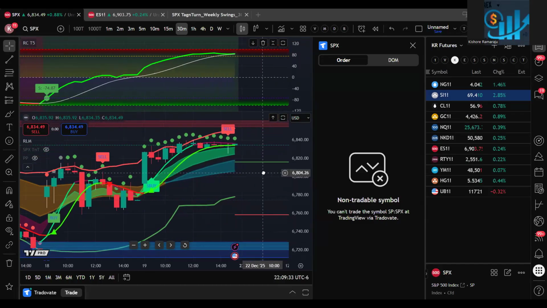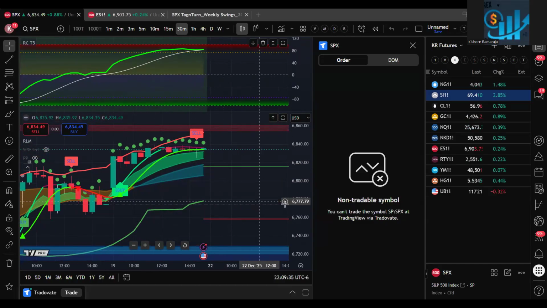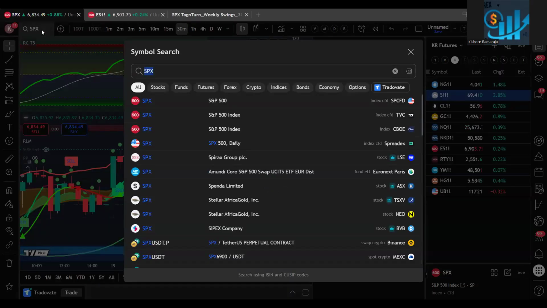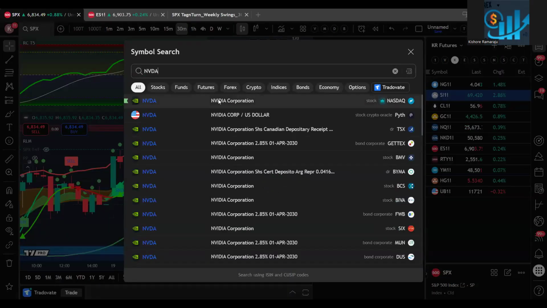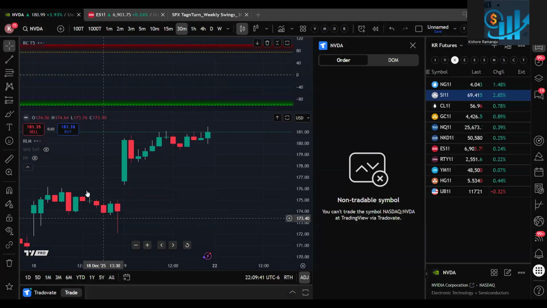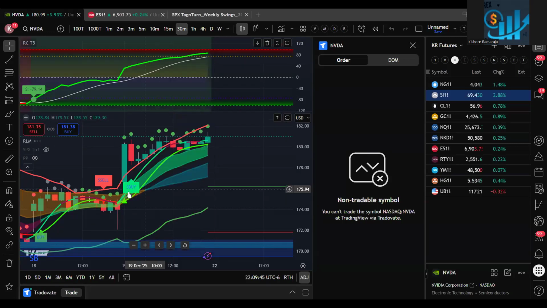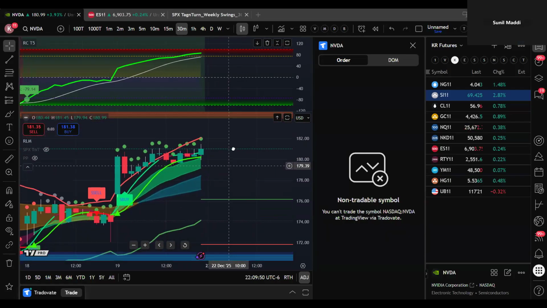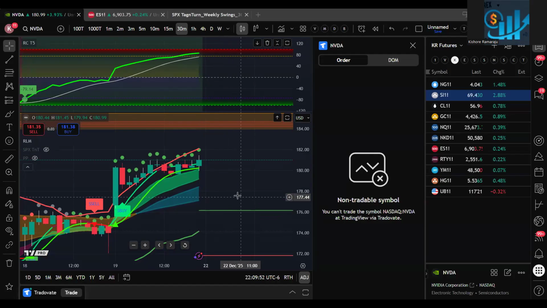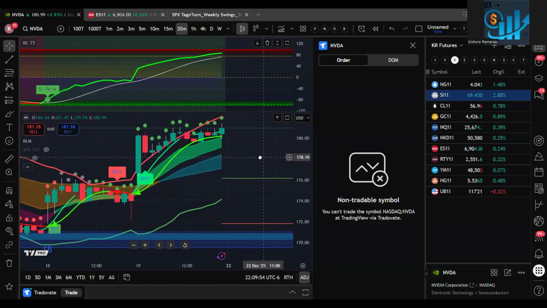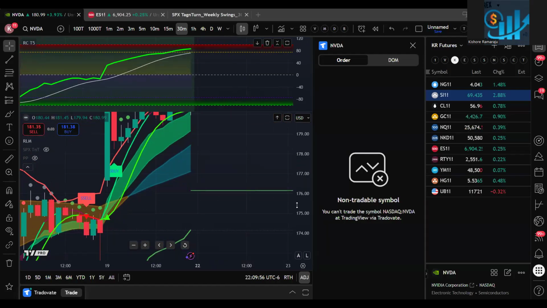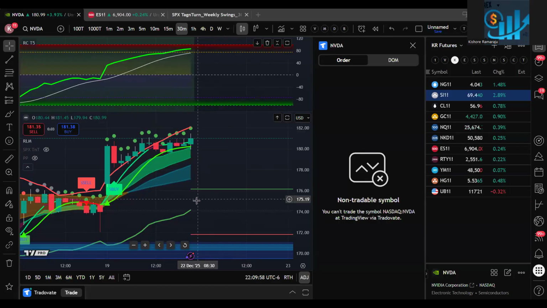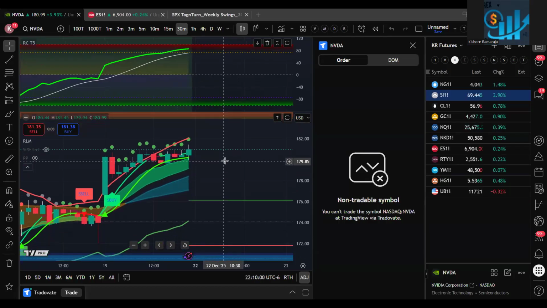Mostly we may see a drop tomorrow, because Nvidia is close to resistance now. If Nvidia, Meta, all these drop, then Tesla is also at the top. So we may see a reversal with SPX tomorrow. If SPX drops, then most of the good company stocks drop.